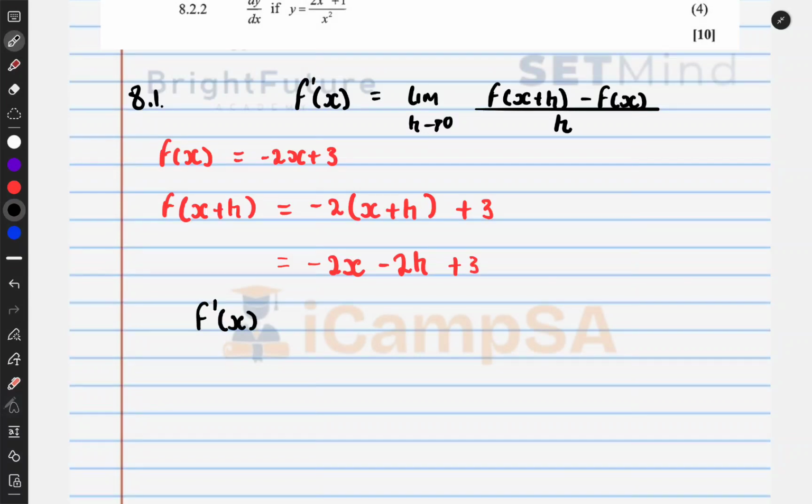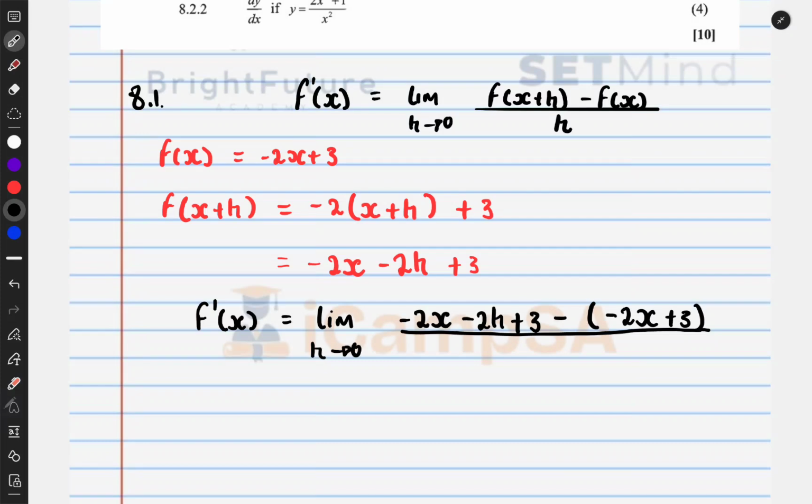F prime x is equal to the limit as h approaches 0. What is f at x plus h? F at x plus h is minus 2x minus 2h plus 3, minus, what is f at x? F at x is minus 2x plus 3, all over h.